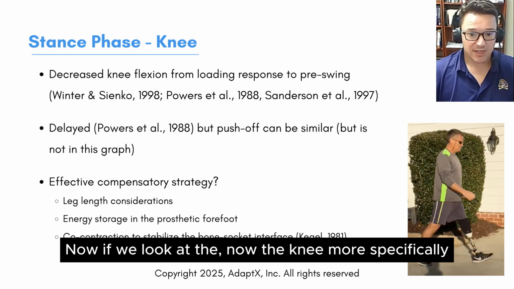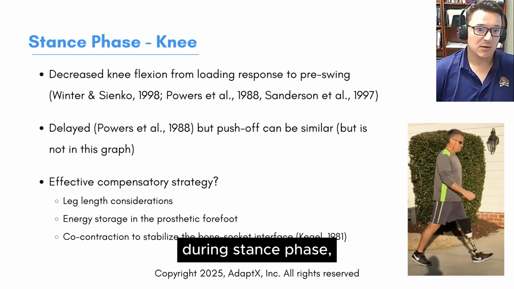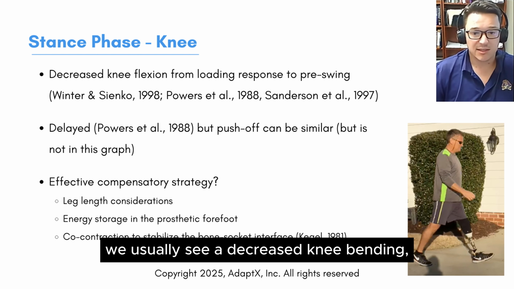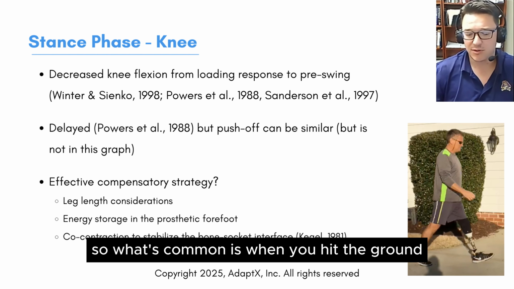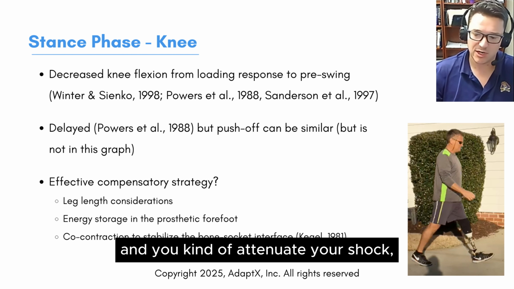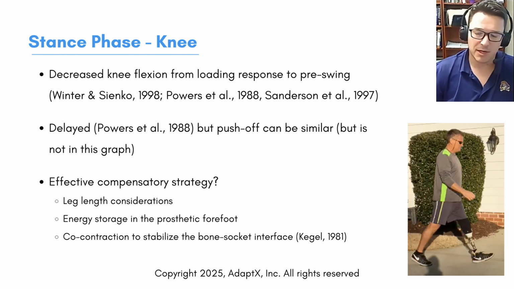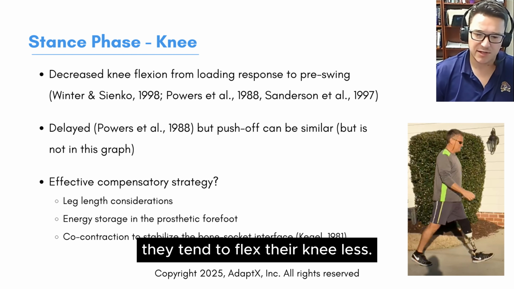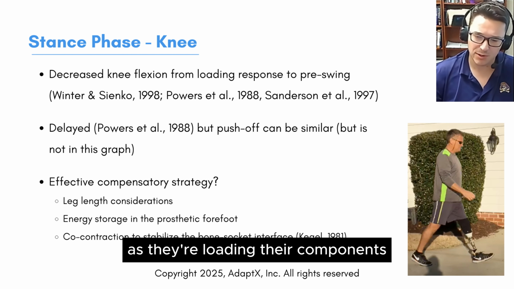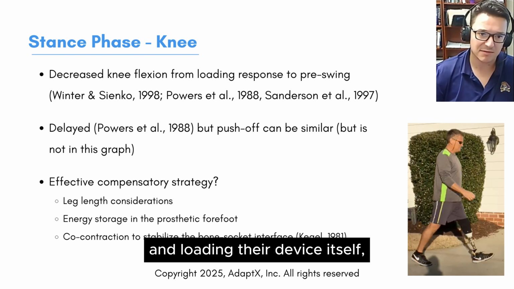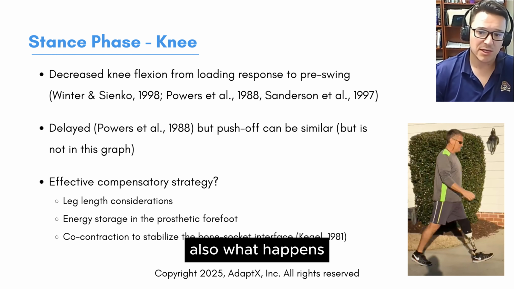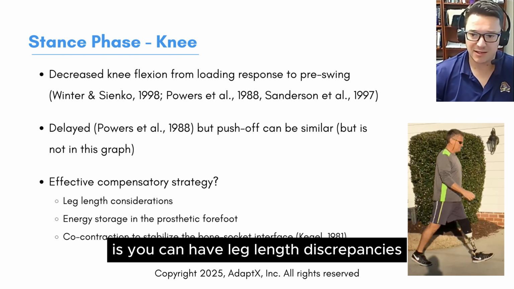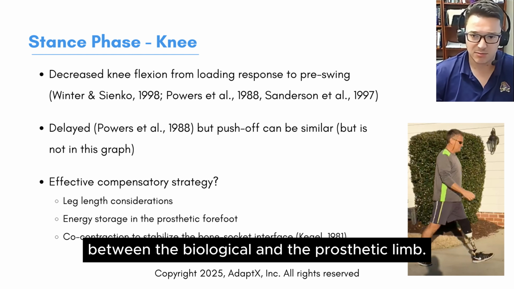Now, if we look at the knee more specifically during stance phase, we usually see decreased knee bending. So what's common is when you hit the ground and you kind of attenuate your shock, your knee flexes. But in the case of transtibial amputees, they tend to flex their knee less. Part of it is as they're loading their components and loading their device itself. Also, what happens is you can have leg length discrepancies between the biological and the prosthetic limb.